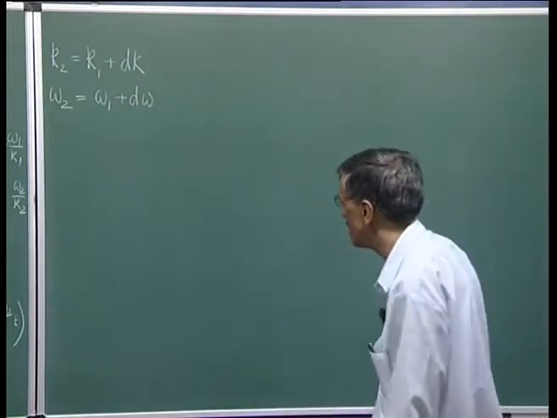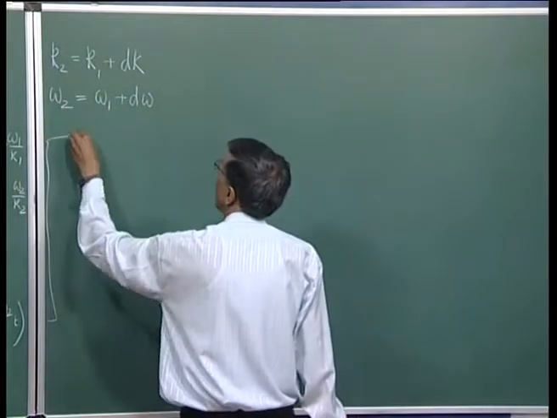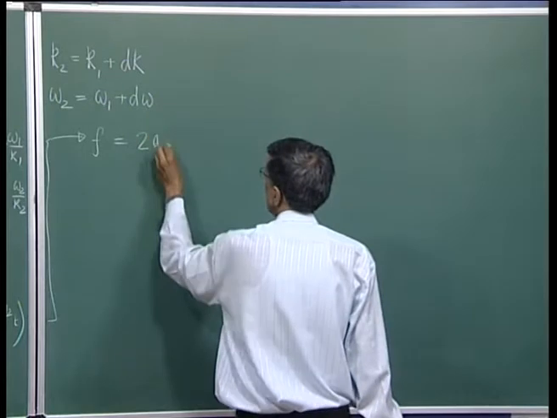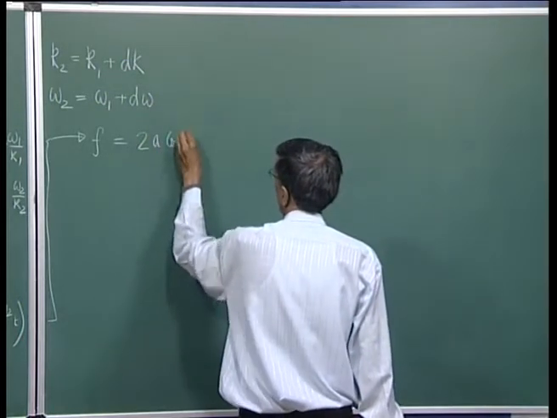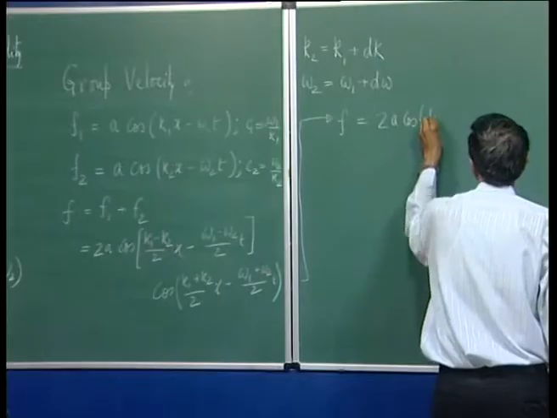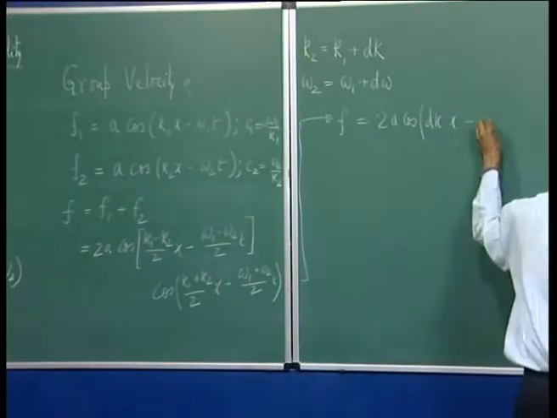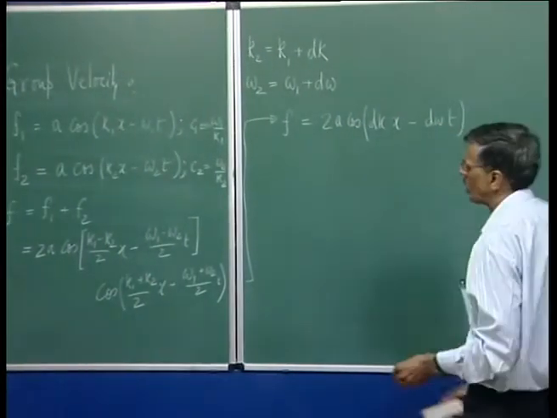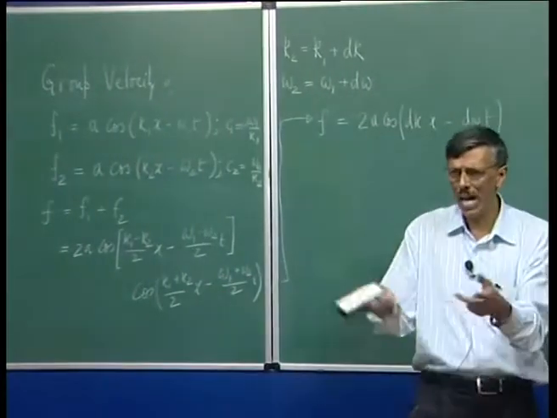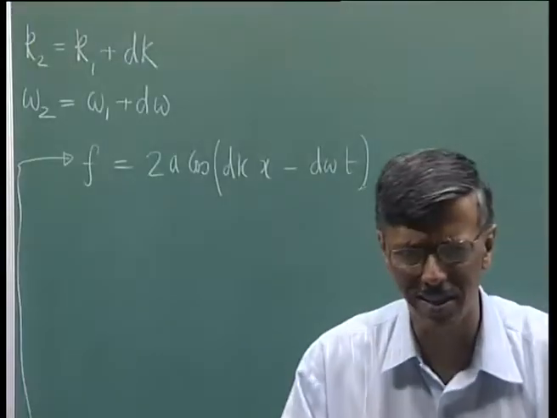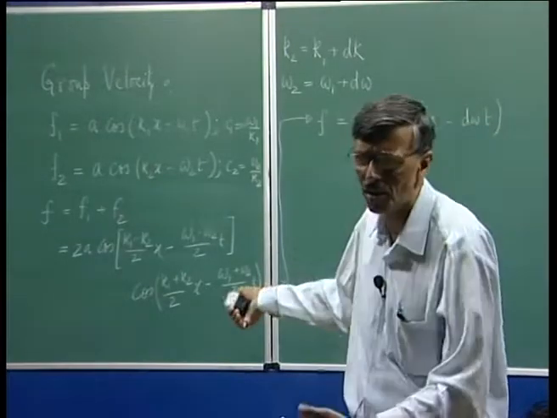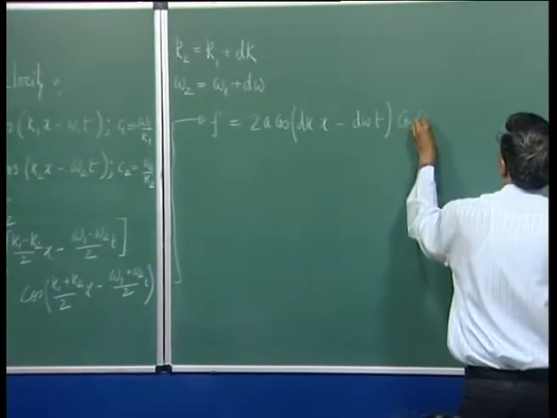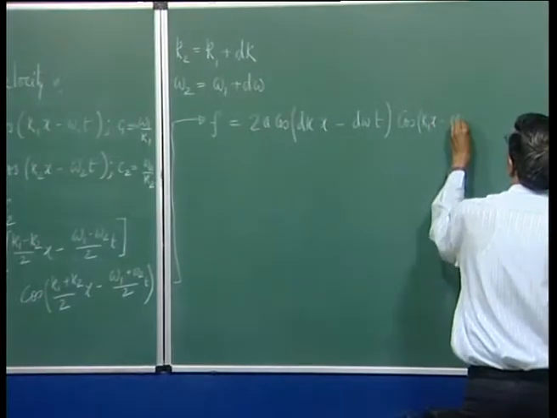Then from here, f is nothing but 2a cos(dk times x minus d omega times t), and then the other part will be like an average, so that variation would be like k1x, which I could simply write as cos(k1x minus omega 1 t).